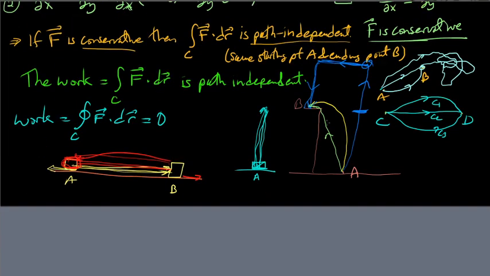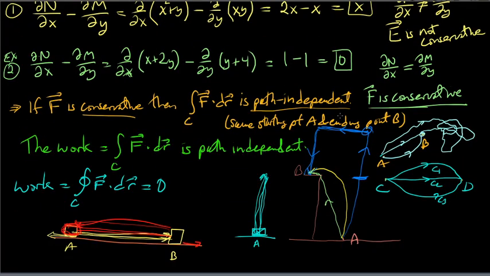After all, if you go from point A to point B and then from point B back to point A again, whatever positive work this is, this will be the same but negative, and you'll end up at zero. So zero work when it's a closed path, for a closed curve C.